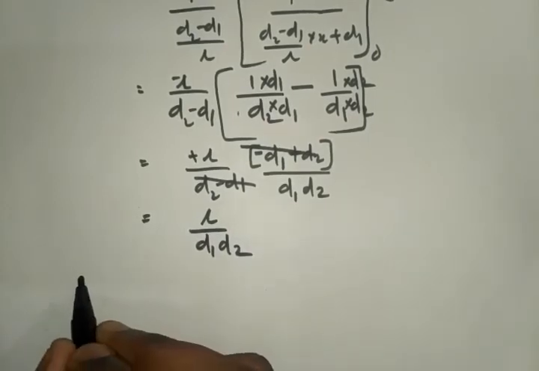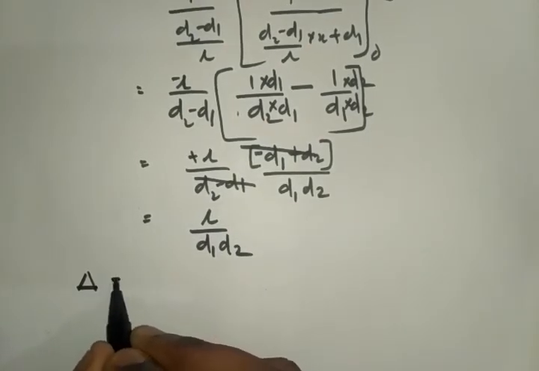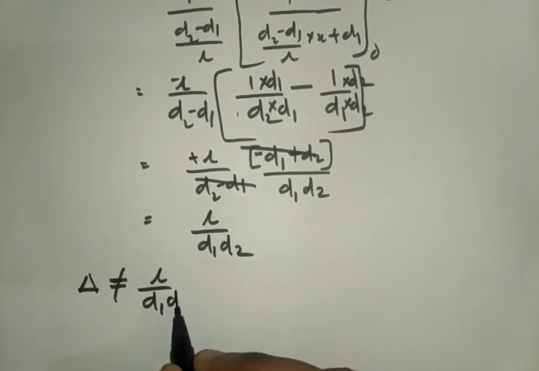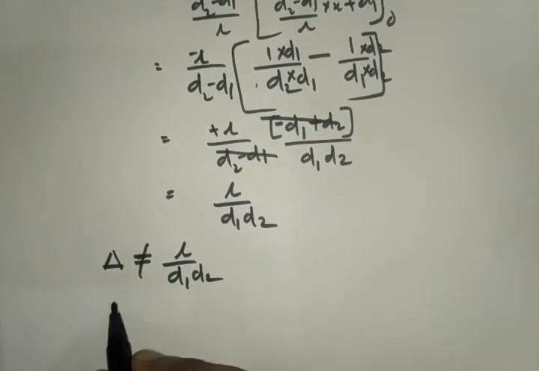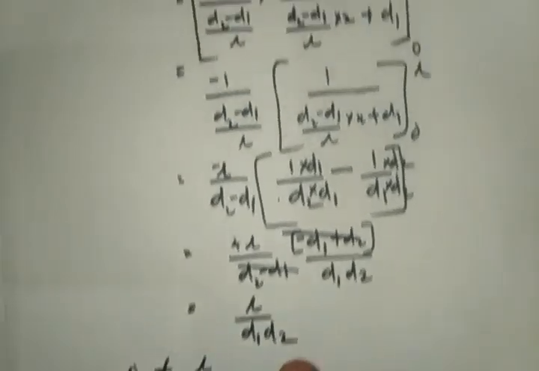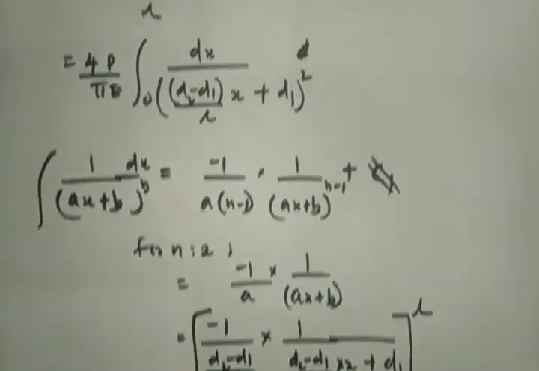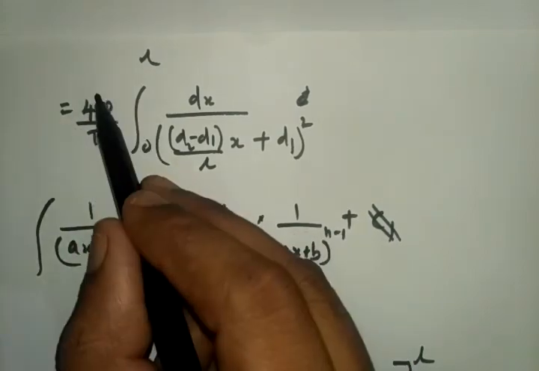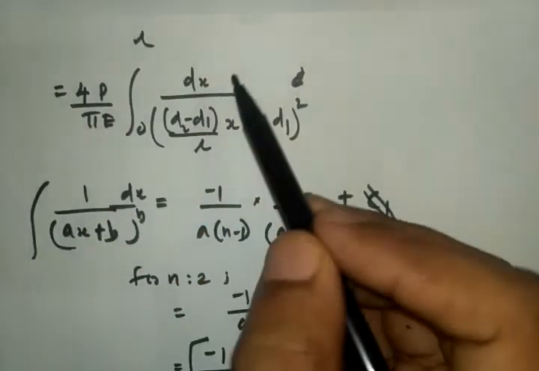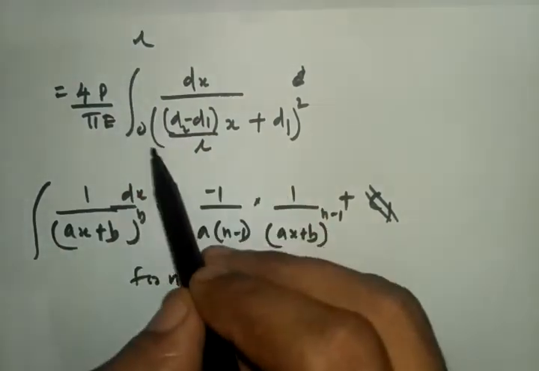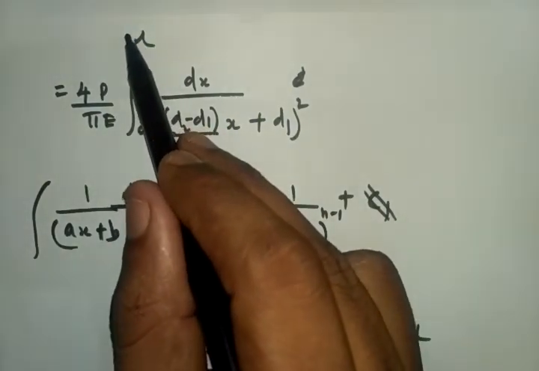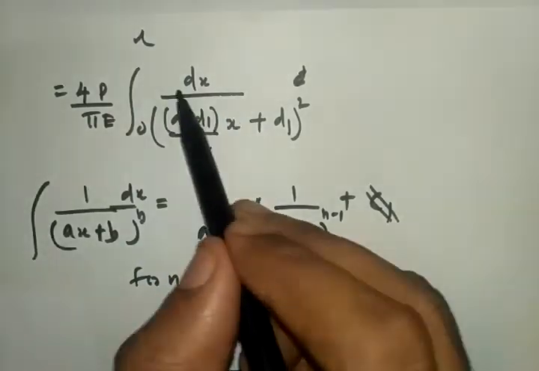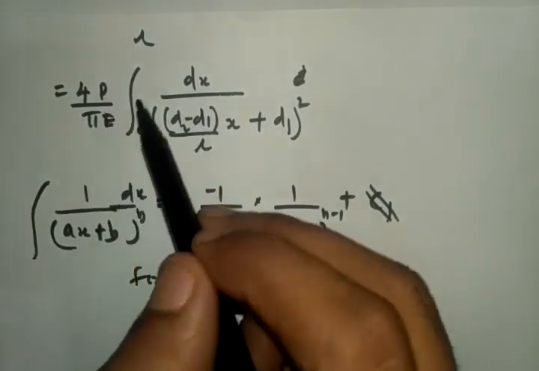But is this the final value of delta? Delta is not equal to L by d1 d2, because when we calculated delta, we took 4p by pi e outside, and now L by d1 d2 is the final answer of this integration part only. So we have to multiply L by d1 d2 with 4p by pi e.